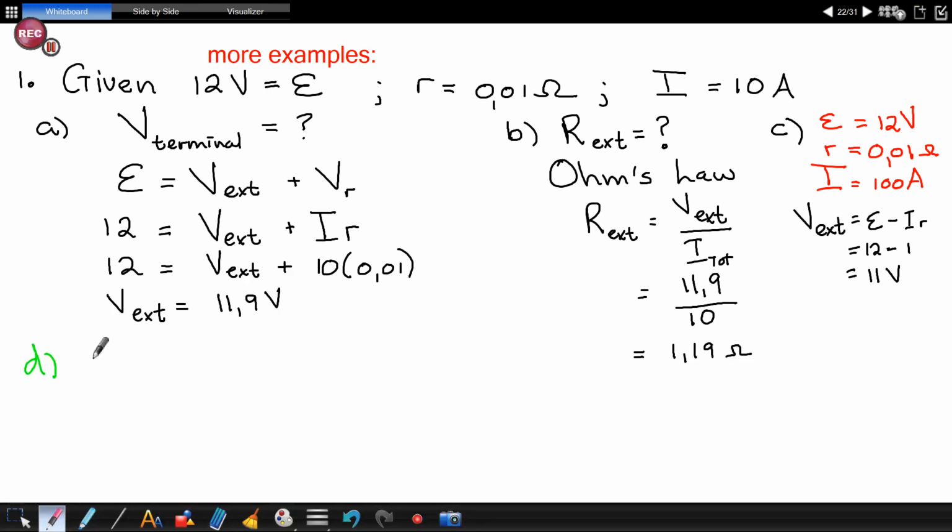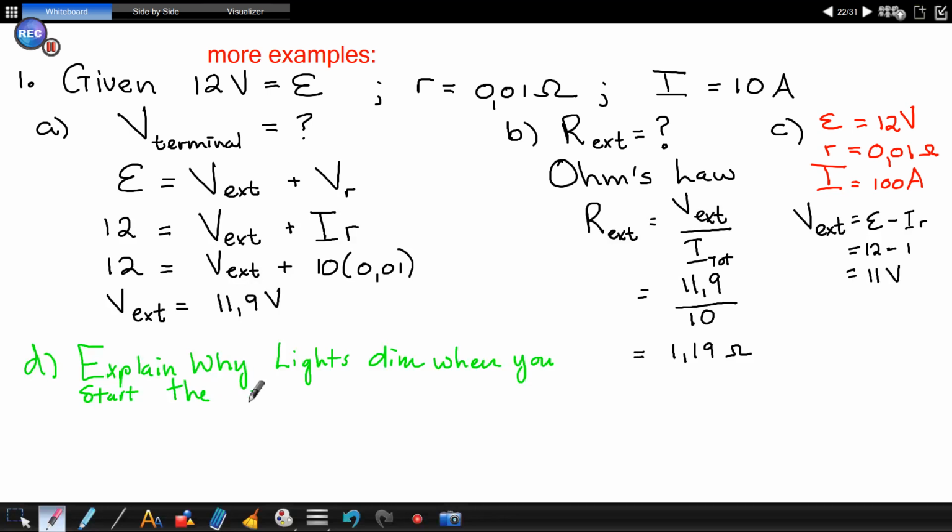So, explain why the lights dim when you start the car with lights on.